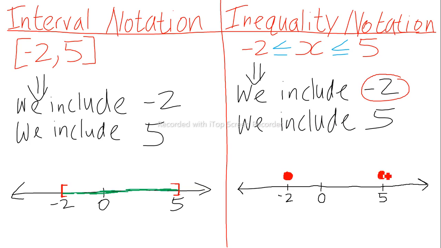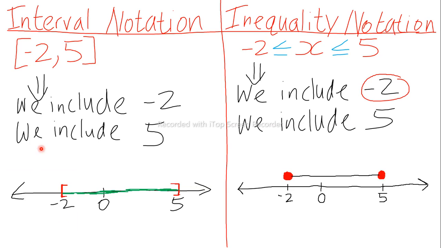We shade the negative 2 and we shade the positive 5. Next up, we put a line in between, telling us that we include all the numbers in between negative 2 and positive 5, and we also include the endpoints negative 2 and 5. Okay, so hopefully this makes sense to you. Hopefully you're getting it, right?